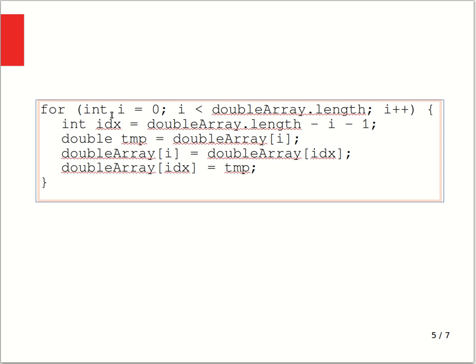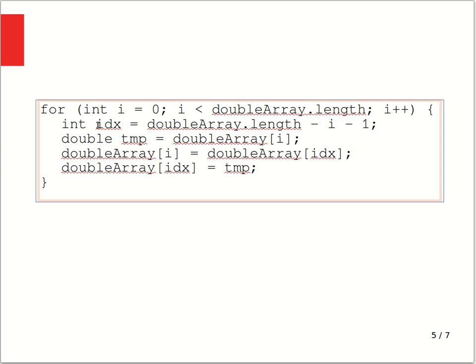So i is the loop index that goes from 0 to the maximum index that's possible for this double array, and i plus plus means I'm increasing the index by 1 for every iteration. Inside this loop, what I'm trying to do is swap the value stored at the index i with the value stored at the index idx, and idx is constructed from the index i.